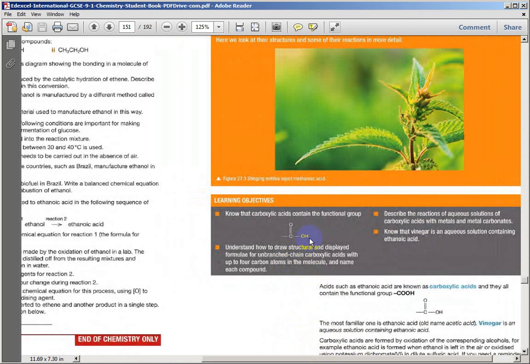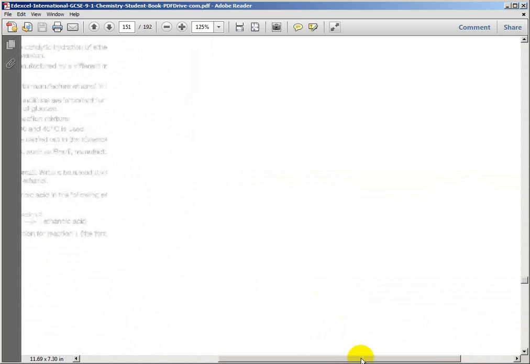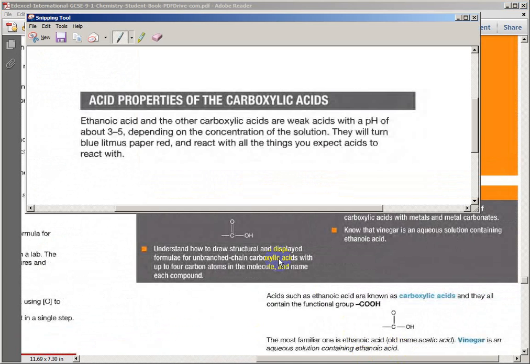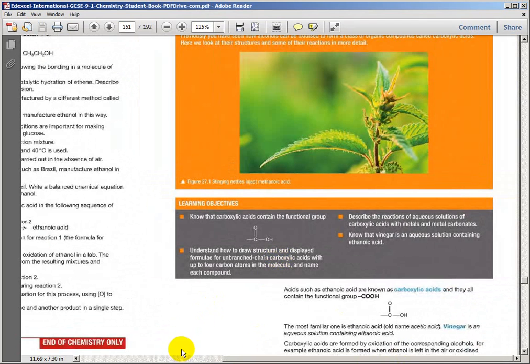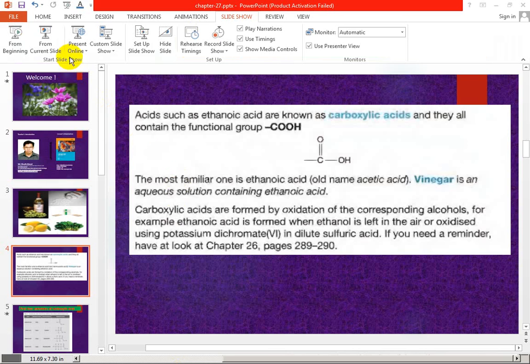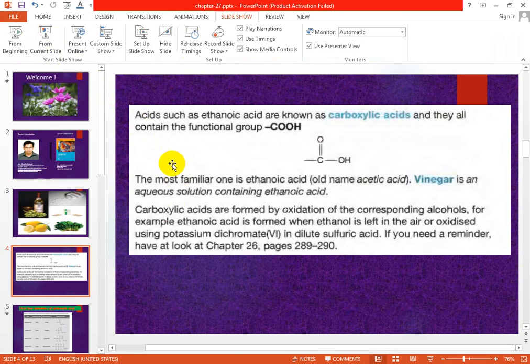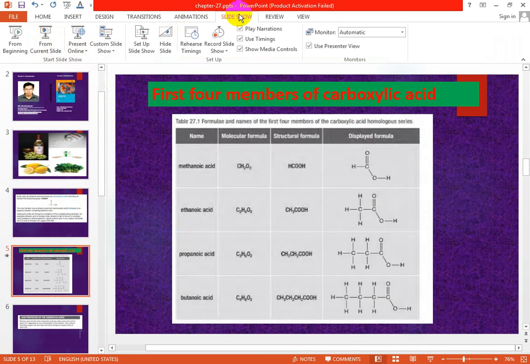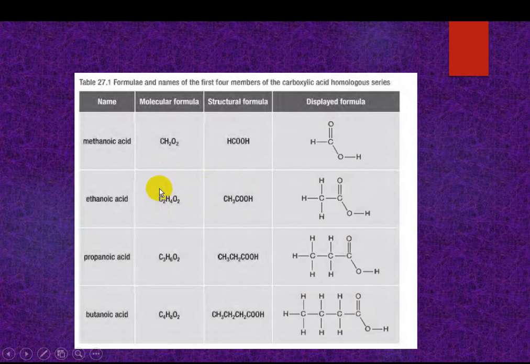So we learn now the functional group. We learned that carboxylic acid contains this functional group. Okay, this is methanoic acid.